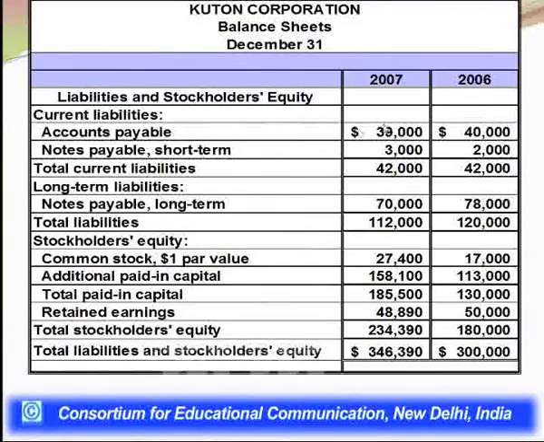If we sum these two values, 39,000 and 3,000, the total comes out to be 42,000 for 2007, and if we sum up these two values for 2006, the total comes out to be 42,000 again. Which means the total current liabilities for the company in 2006 and 2007 remains the same.